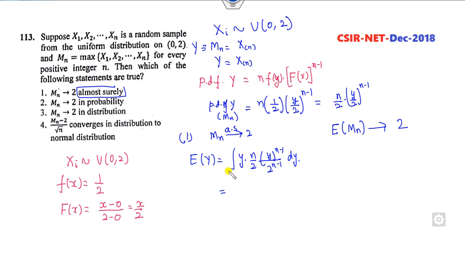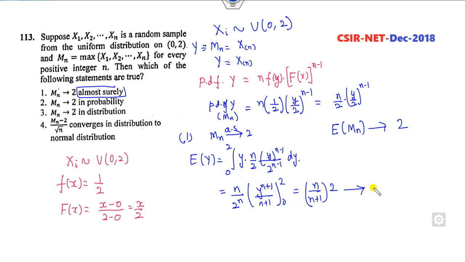Now how can you take the limit? This is from 0 to 2. So n is outside, 2 raised to power n is outside. The integration of this is y raised to power n plus 1 over n plus 1, from 0 to 2. So what is that? It is n over n plus 1 times 2, and the 0 part will be 0.